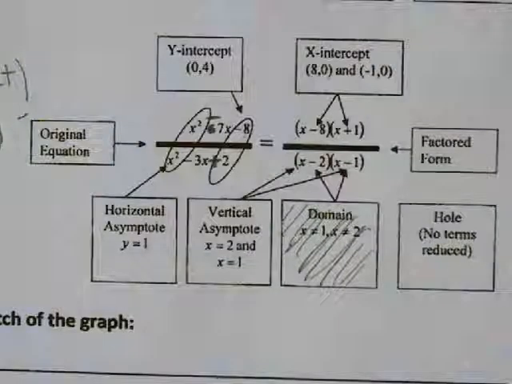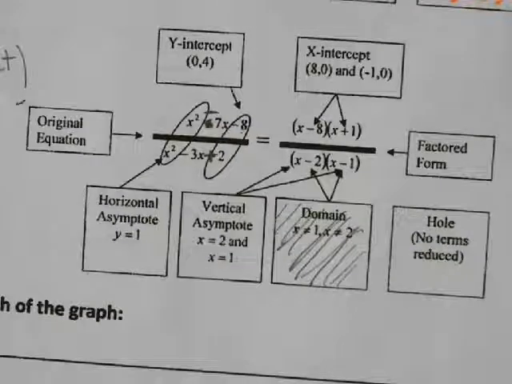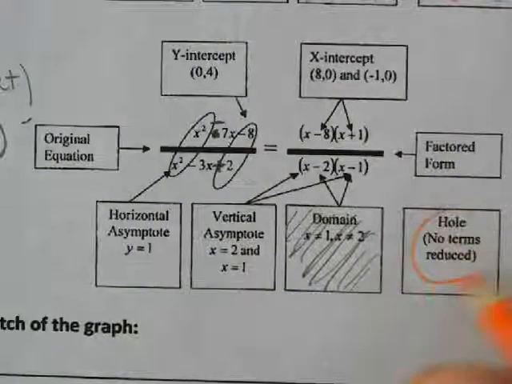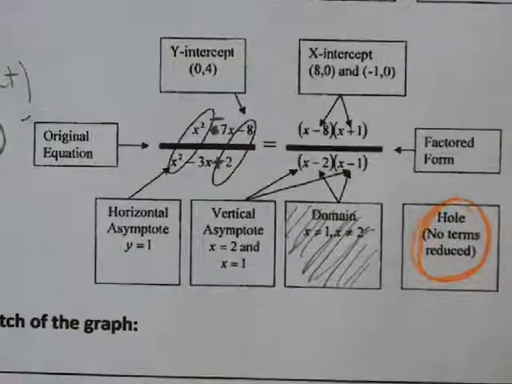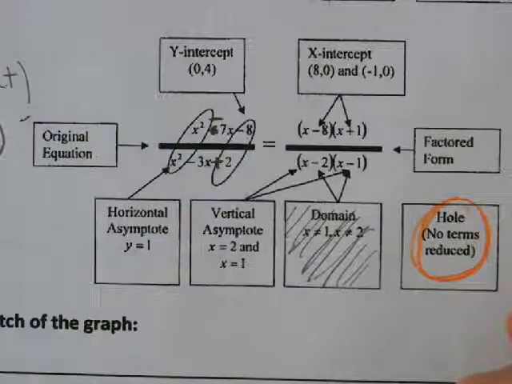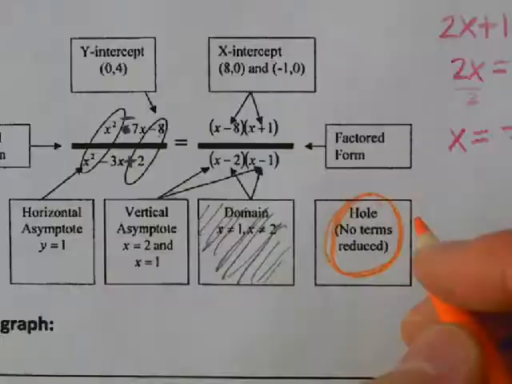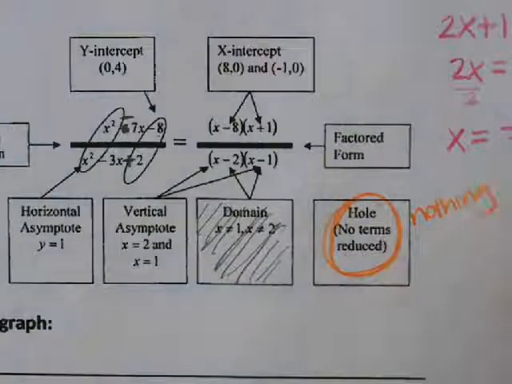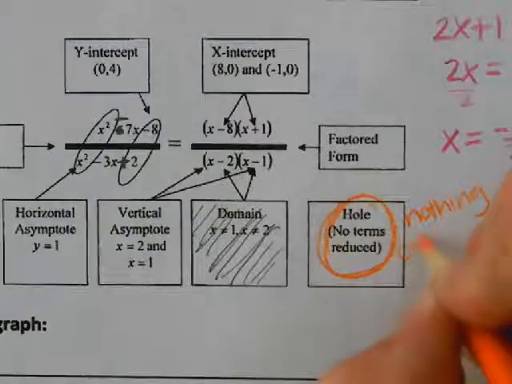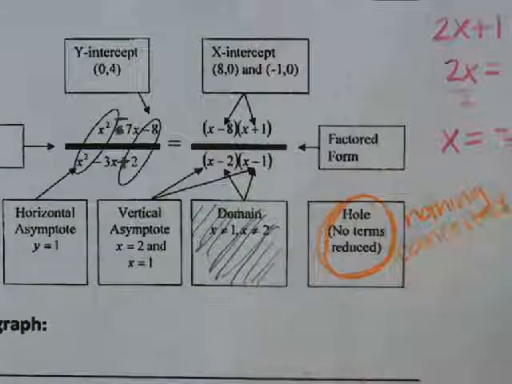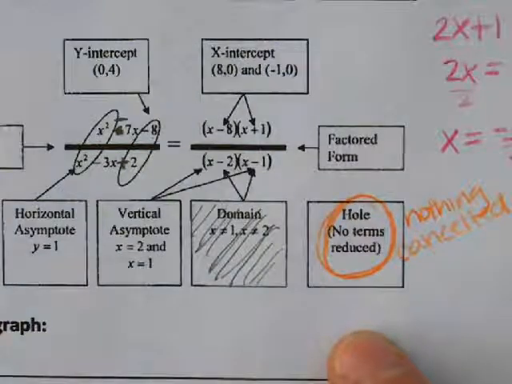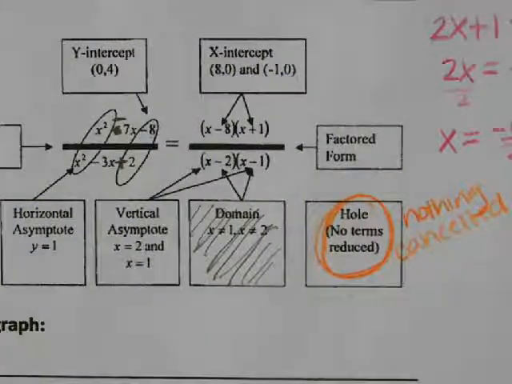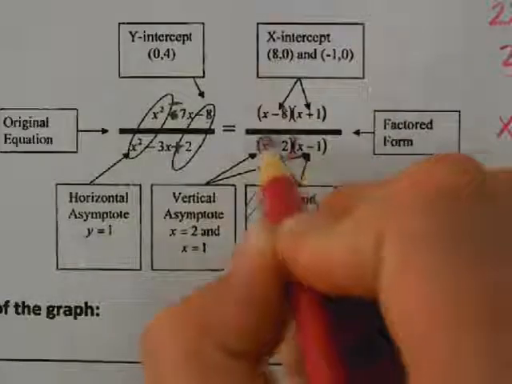So what are some of the things that we were able to find from the factored form? Yeah, they said there's no holes. How did they say there's no holes? Yeah, nothing canceled, right? So over here I'm going to write nothing canceled. So then you can see that there are 2 vertical asymptotes.